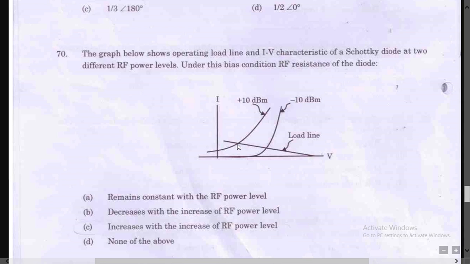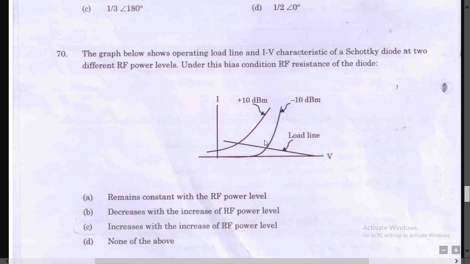Look at this point, what will be the value of V and what will be the value of I. Now if we are increasing the value of V, the value of I is increasing or decreasing. For that particular point the value of V is V1 and this one is I1, and at that point we have the value of V2 and the corresponding value here is I2.